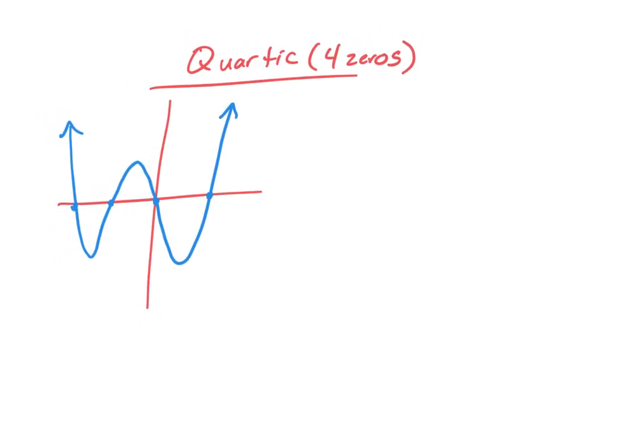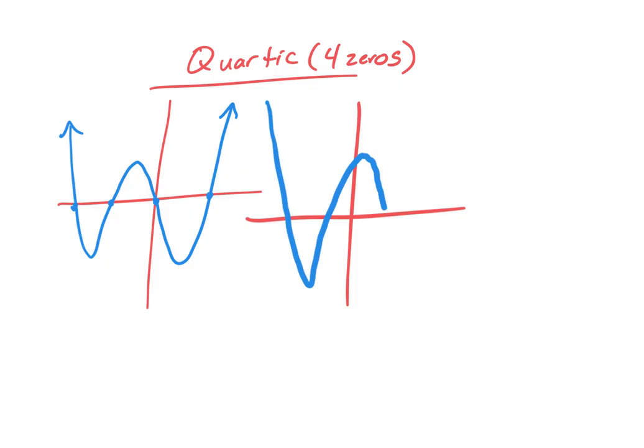If we go back to another one that we saw yesterday, here would be another possibility. This one only crosses it twice, and then we talked about this bouncer right here, where it comes down, hits, and comes right back up. So it only touches the x-axis in 3 different places.